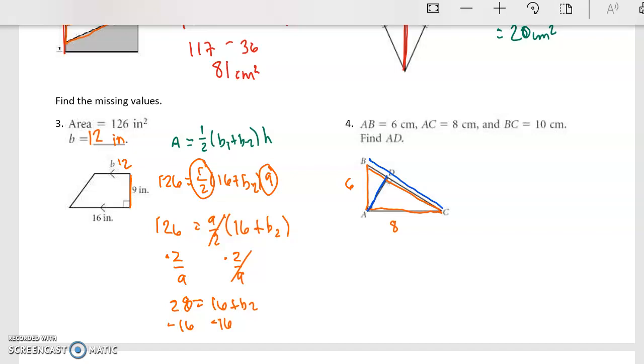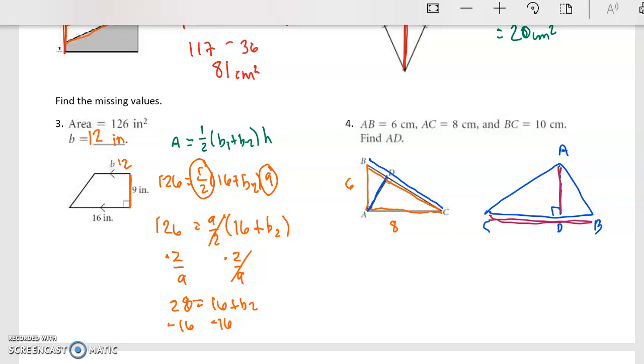So I just want to redraw this triangle for a second. Here is A, here is B, here is C, here is AD. So if we redraw the triangle this way, we could actually find its area by multiplying this base times this height, which in this picture is the blue and the second blue segment.